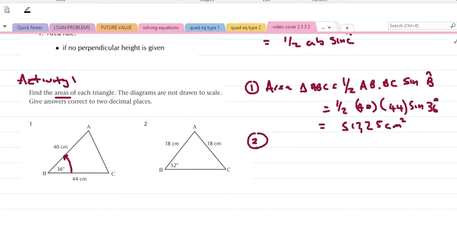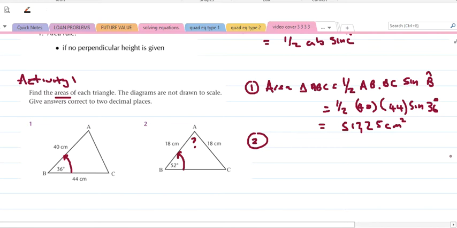In our second question, question 2, we have triangle ABC with AB is 18, AC is 18, and angle B is 52 degrees. Now in this triangle, you will notice that we have the two sides, but we do not have angle A in our figure.